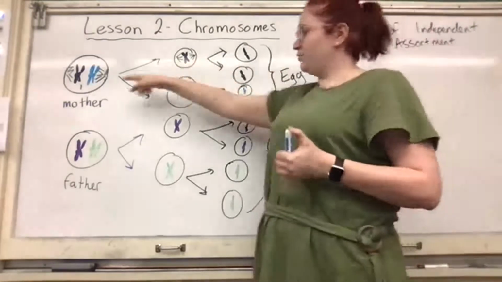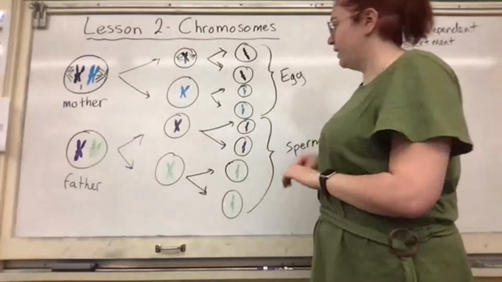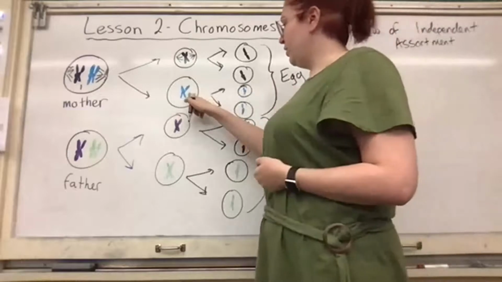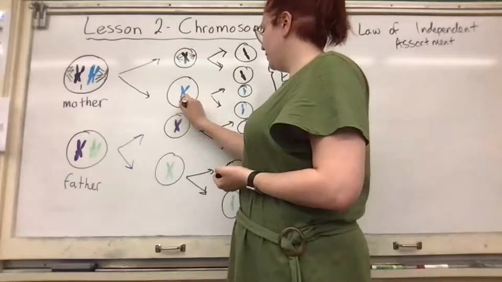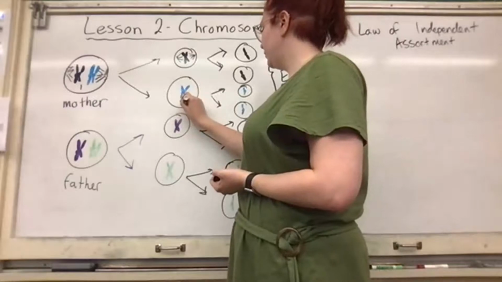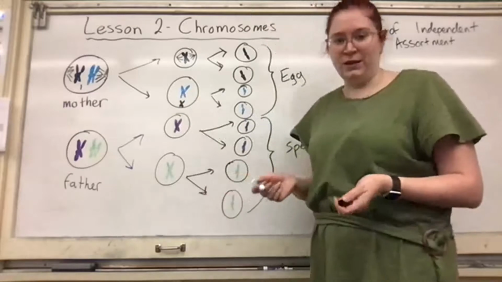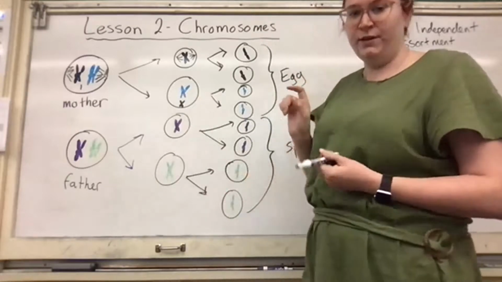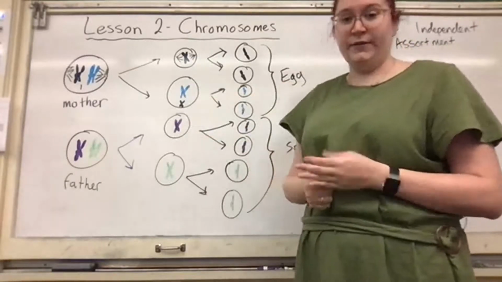So after meiosis 1, the cells that are kind of the in-between daughter cells, they might have a copy of chromosome 1 from her father, but they might have a copy of chromosome 2 from her father, okay? So there's a 50-50 chance for all 23 chromosomes, which one they're gonna get.